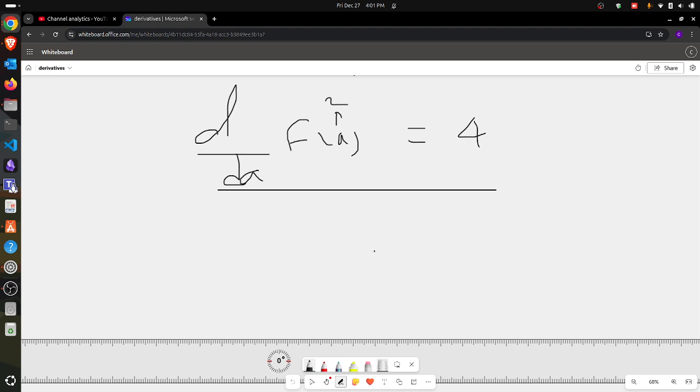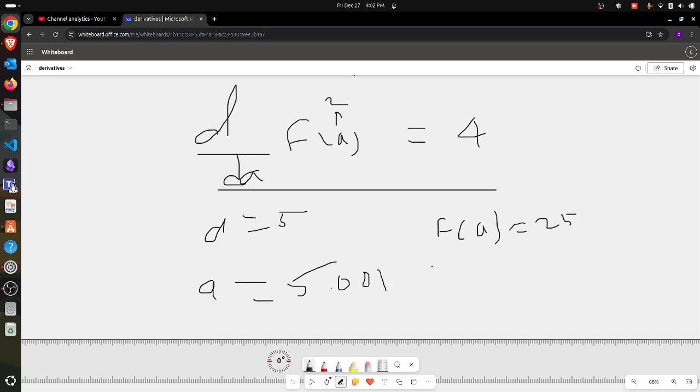Now if a is 5, then f of a is going to be 25, just as you expected. If a is 5.001, then f of a is going to be 25.010.